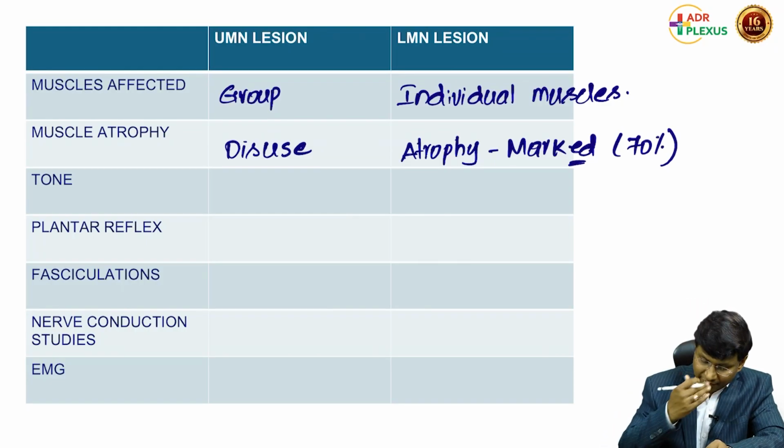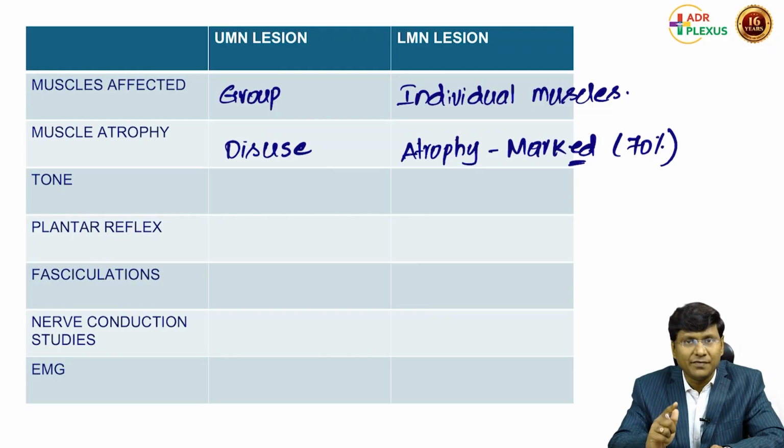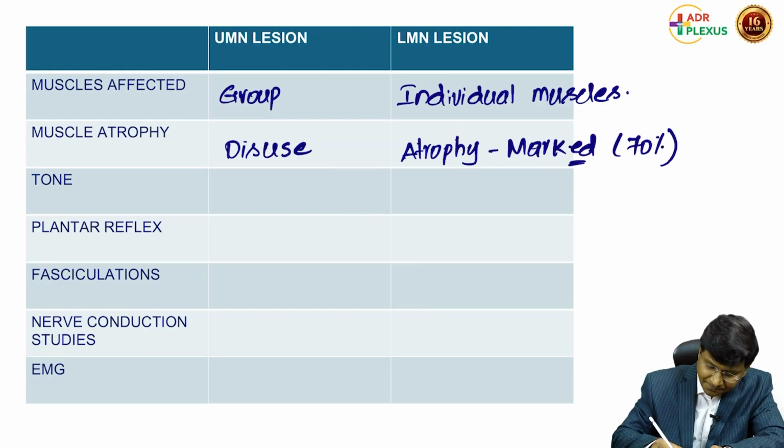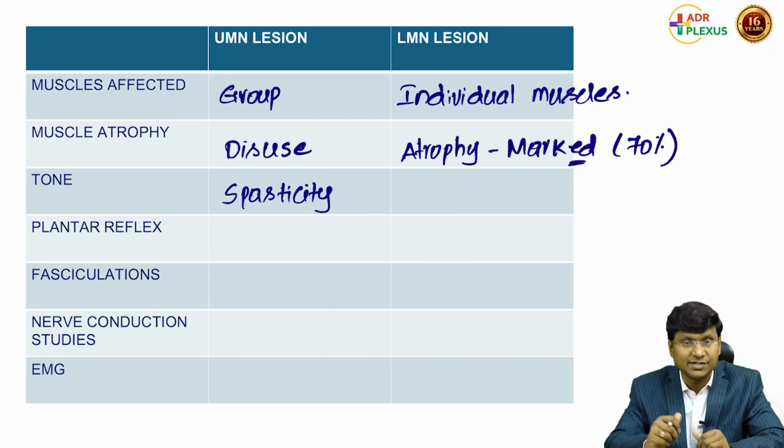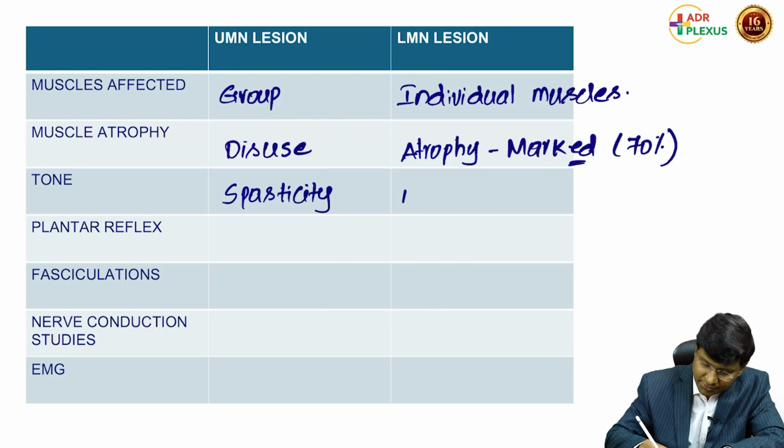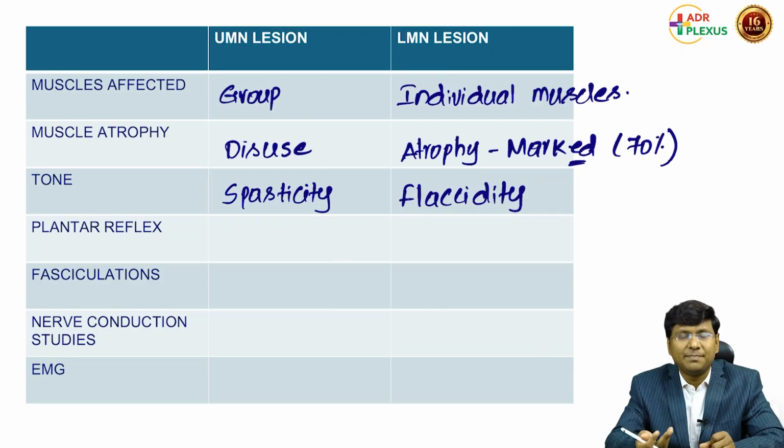Regarding tone, in upper motor neuron lesion there is spasticity, so there is an increase in tone, whereas in lower motor neuron lesion you will have flaccidity, where there is a decrease in the tone of the muscle. What about the plantar reflex?